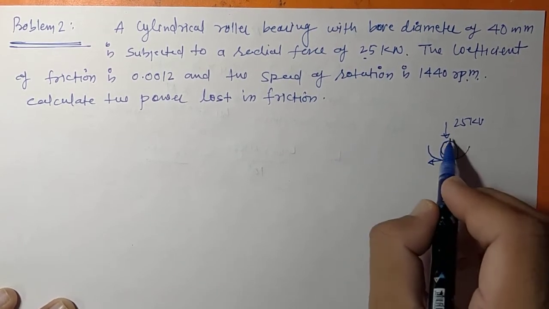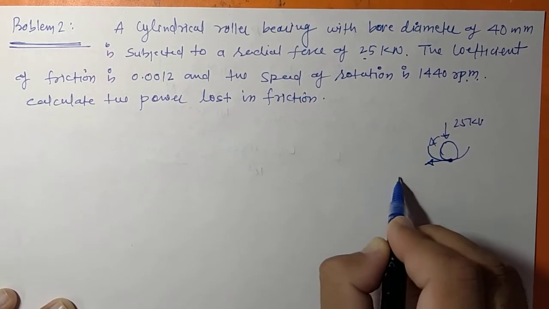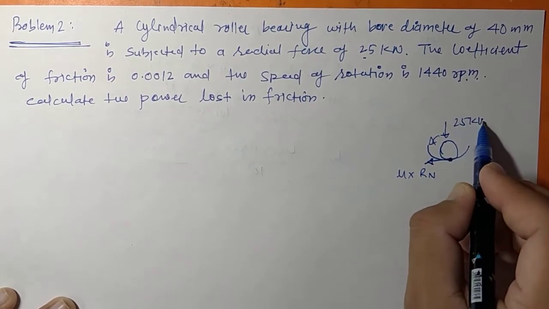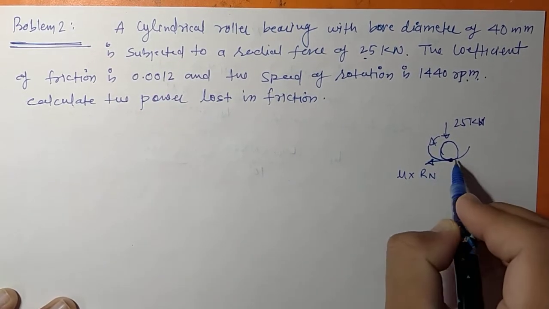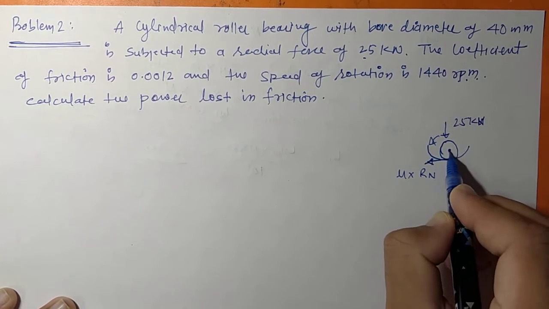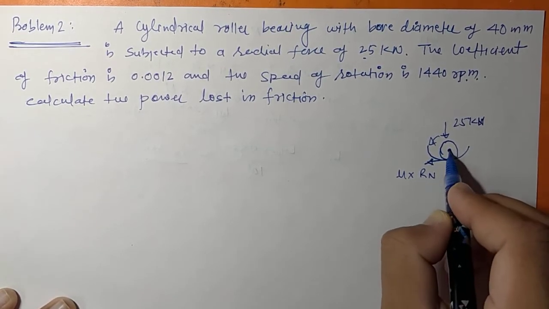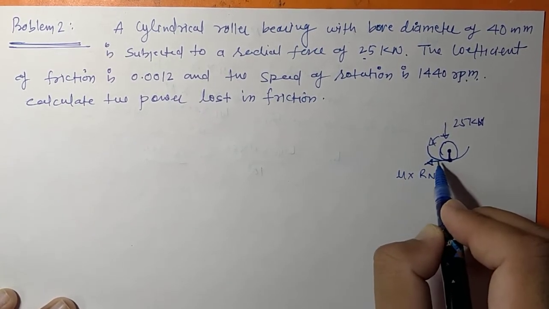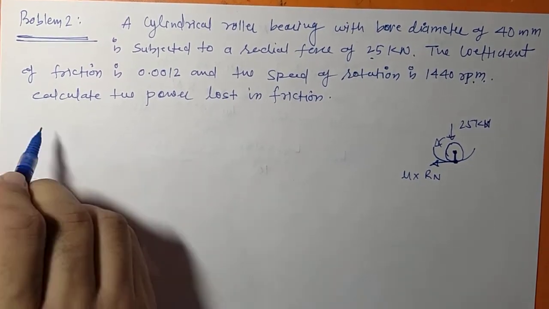If this is rotating in this direction, then this is the tangential force, which is mu into normal reaction, where normal reaction is 25 kilonewton and mu is given as 0.002. This tangential load multiplied by the radius of this bearing is the torque acting at the circumference of the bearing. This torque is just because of the friction, and it can be converted into the power lost because of the friction. So we'll proceed with the solution in this manner.